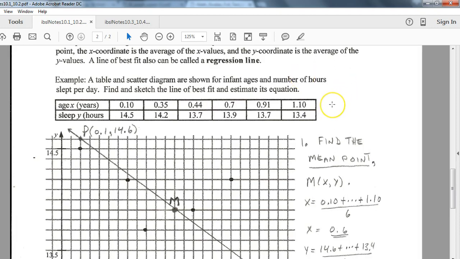Whenever you're asked that question, you have to give a reason for it. You're either going to say, yes, it's acceptable because it's within the range of my data, or no, it's not acceptable because it's outside the range of my data. Those are the two ways you would always answer that question.